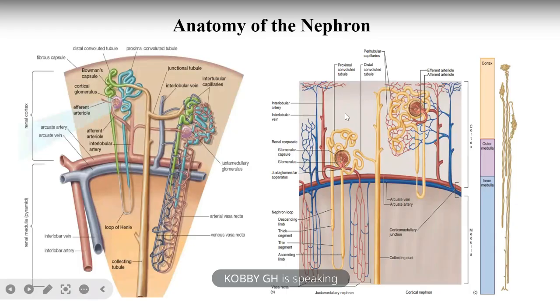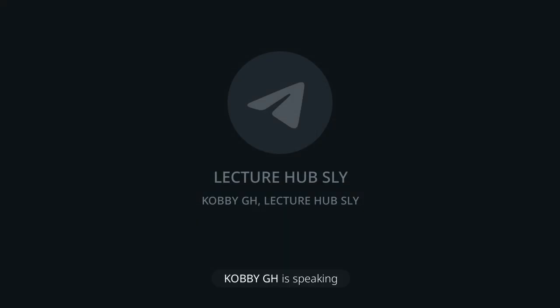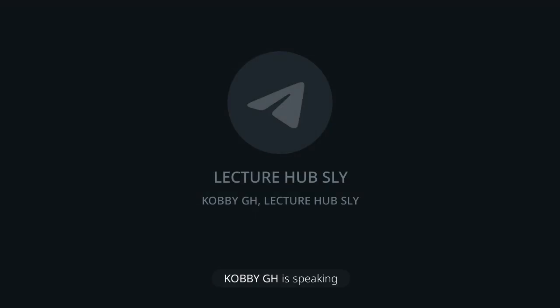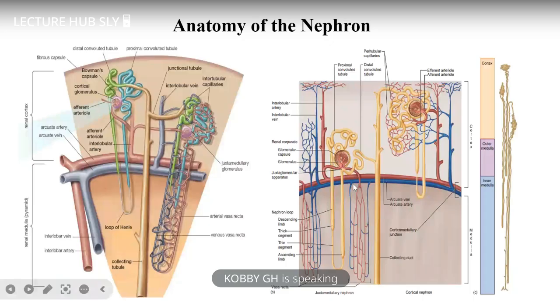You can see clearly the renal corpuscle is located at the junction with the medullary region of the kidney. This is the medulla, and this is the cortex. From here to here is the cortex. So their renal corpuscle is at the border of the medullary region.